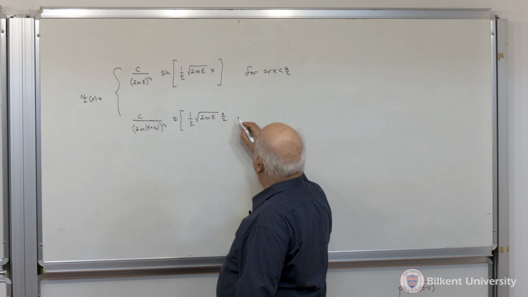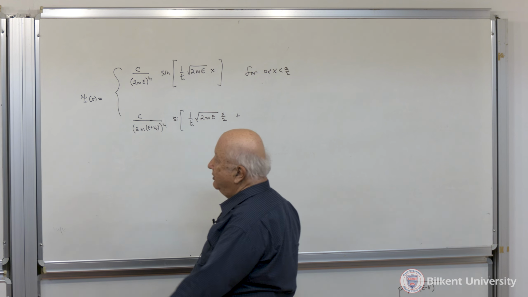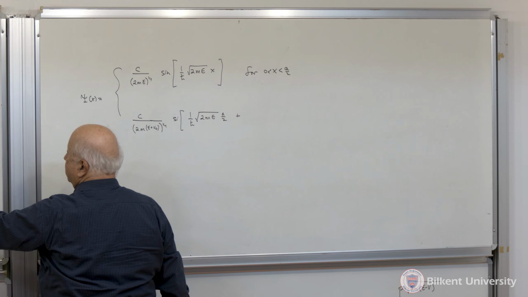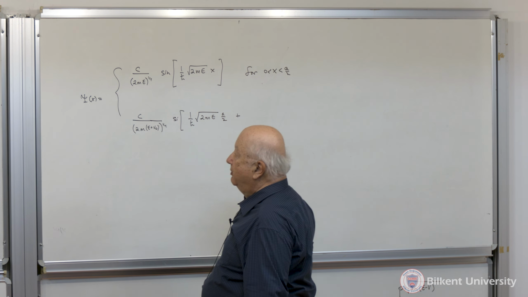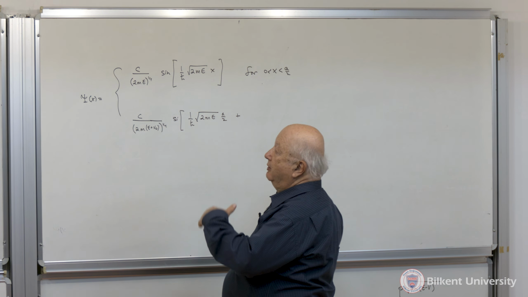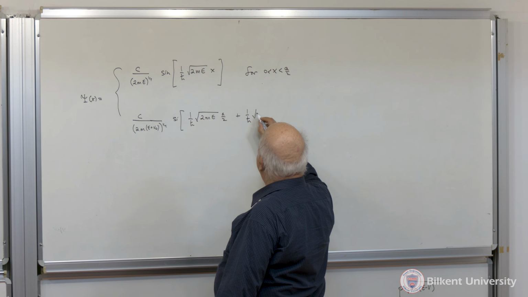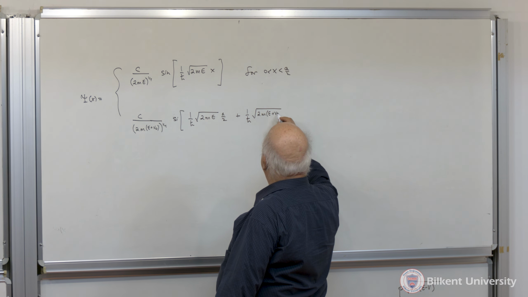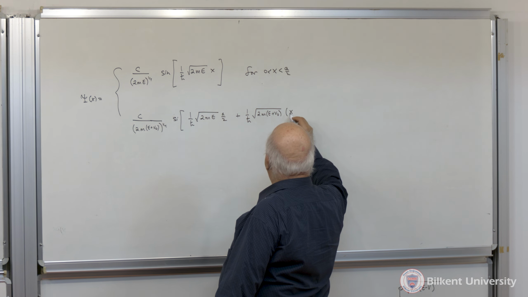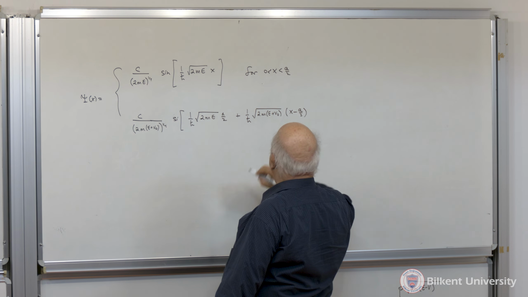Then I have plus the integral of this from a over 2 to x. So it's going to be 1 over h bar square root of 2m(E plus V0) times (x minus a over 2), right?